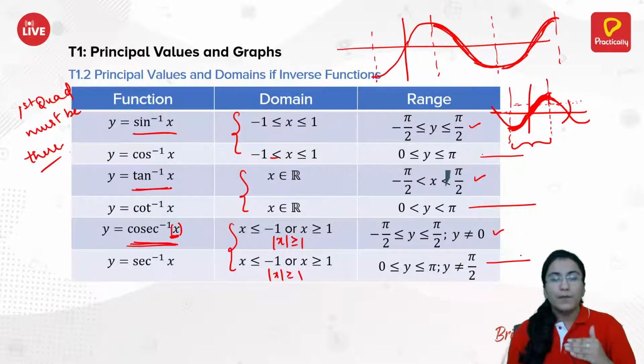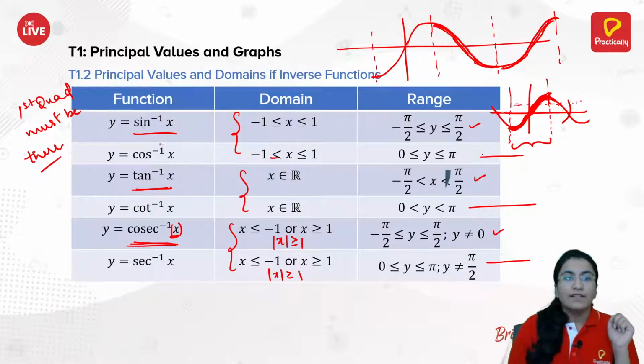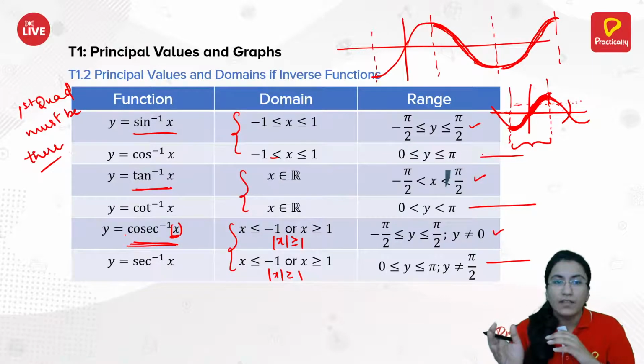So remember them as triplets, because some properties are also similar for sine inverse, tan inverse and cosecant inverse x, right? The properties for sine inverse x, tan inverse x and cosecant inverse x are somewhat similar, and some properties for cos inverse, cot inverse and secant inverse x are also similar.